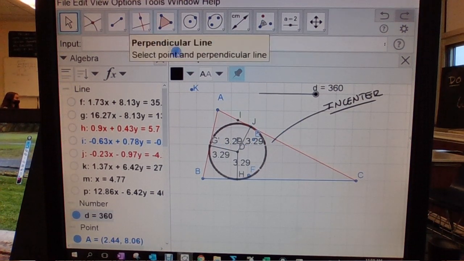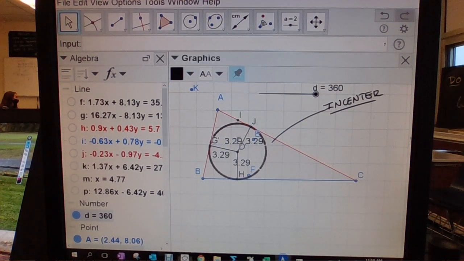Might be a good thing to write that down. So let's see here. Okay, so that point D was the incenter.